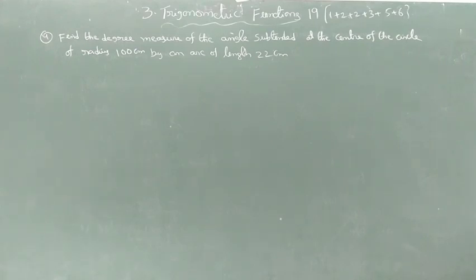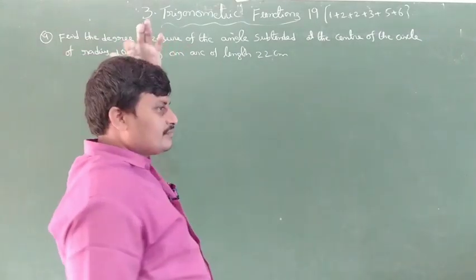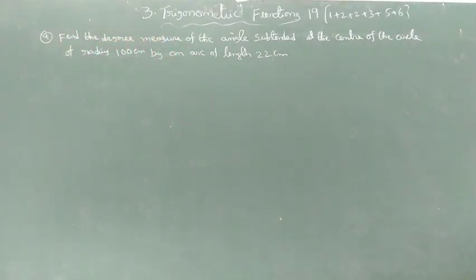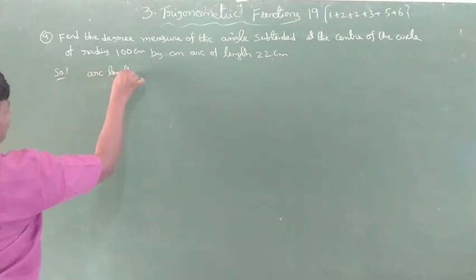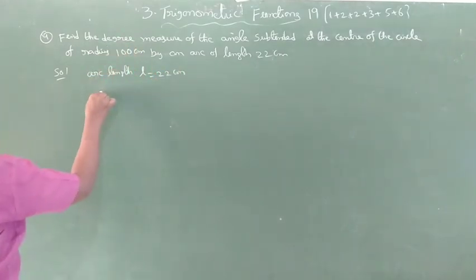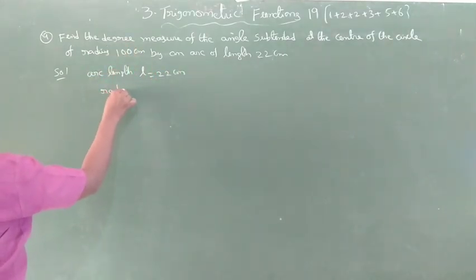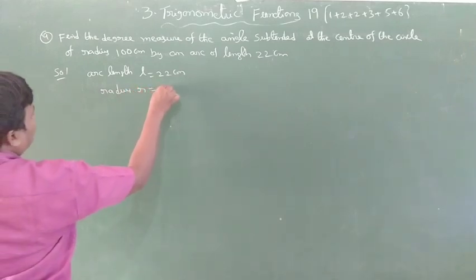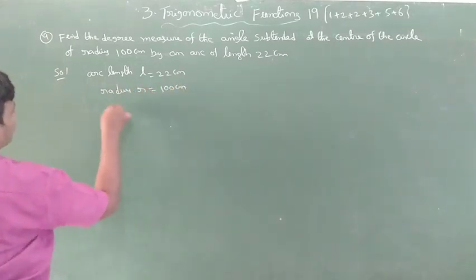Find the degree measure of the angle. The center of the circle and arc length are given. What is given? Arc length L is equal to 22 centimeters. Radius R is equal to 100 centimeters.